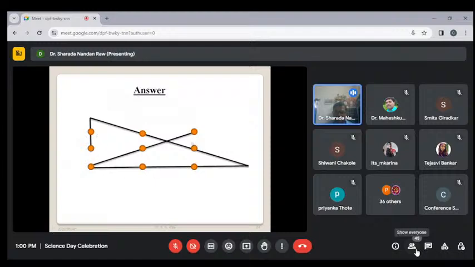Some people think about these points only, just trying to join these two points. But for joining these points and following the above condition, you have to think beyond these points. That is the main thing: you have to change your perception. You have to think beyond your objective, then you can find your answer.